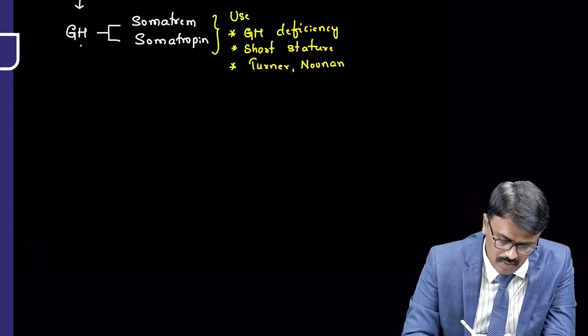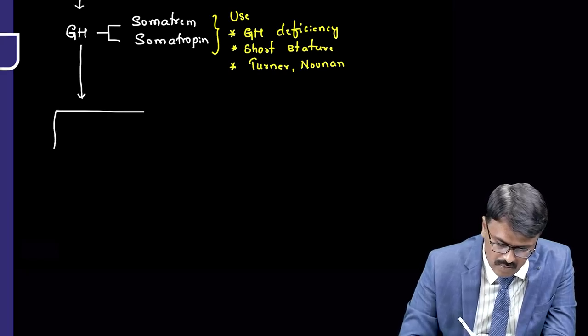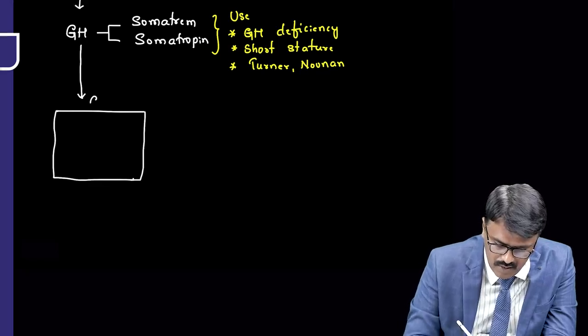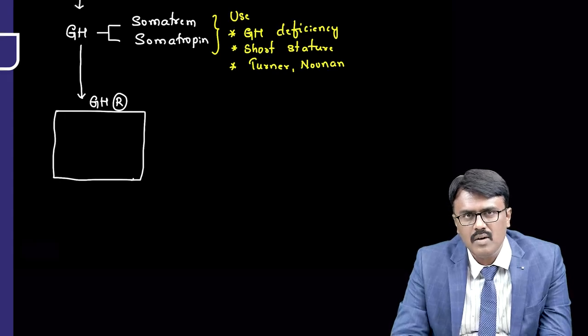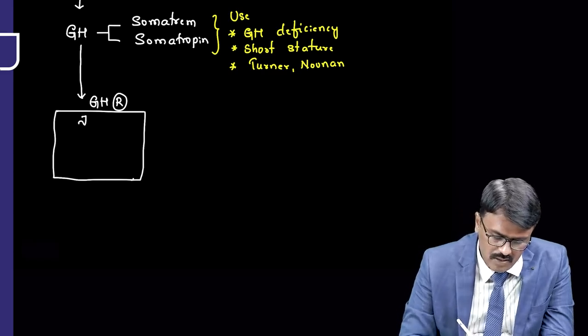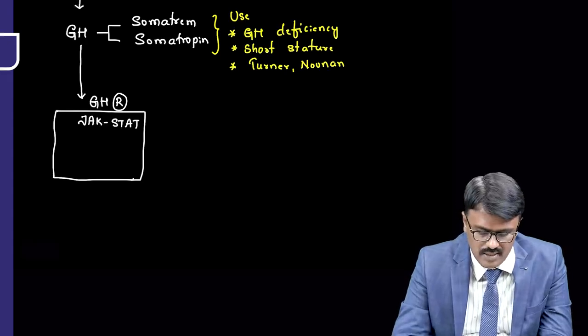Now this growth hormone will act on the growth hormone receptor. Let me draw a cell for you. In this cell, we have the growth hormone receptor. Now, can you correlate with general pharma? Growth hormone acts on which receptor? Is it tyrosine kinase or JAK-STAT? Growth hormone receptors are JAK-STAT.